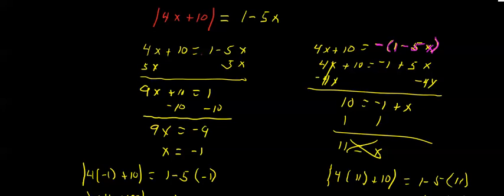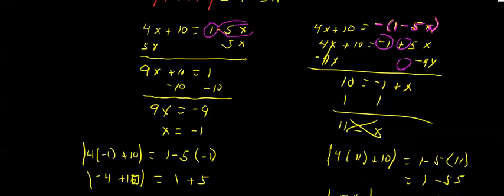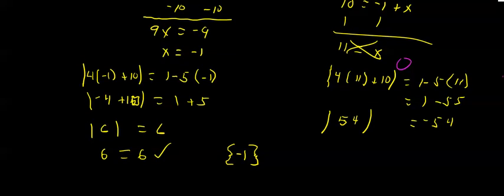The 1 here is positive, here is negative. The 5x was negative, here it's positive. Everything changed. And when I'm done, I have to check my answers. If I don't, I'm going to end up with bad answers.